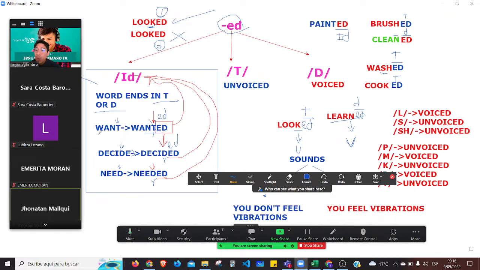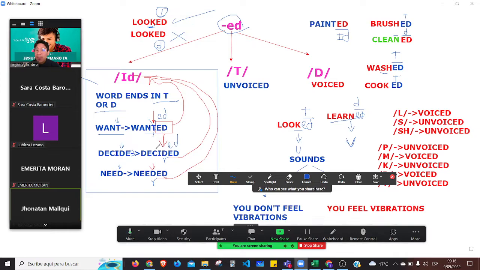Por ejemplo, want, le agrego ed y antes del ed hay una T. Por lo tanto sería wanted. Decide, le agrego la ed, pero antes hay una D, sería decided. En el need, le agrego la ed y antes hay una D, eso sería needed.